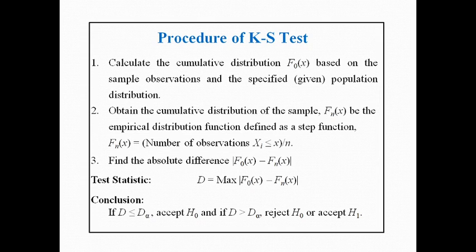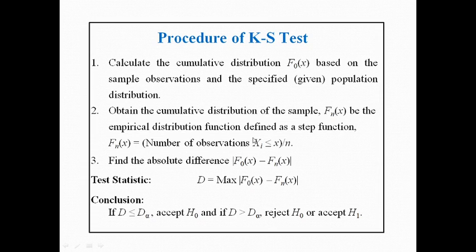Further, we find the cumulative distribution of the sample, Fn x, with the empirical distribution function, which is defined as a step function. It is generally denoted as Fn x, equal to the number of observations xi less than or equal to x, divided by the total number of observations. Here, small x is a pre-defined value.